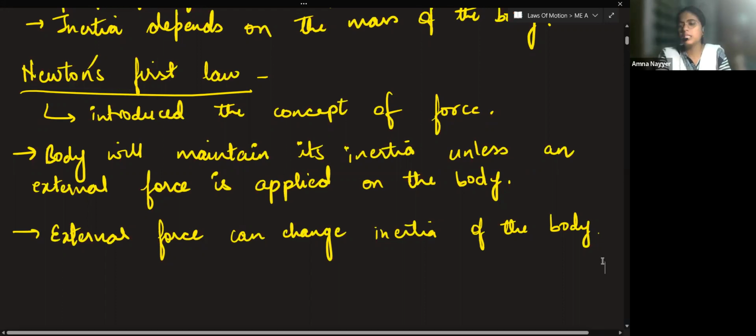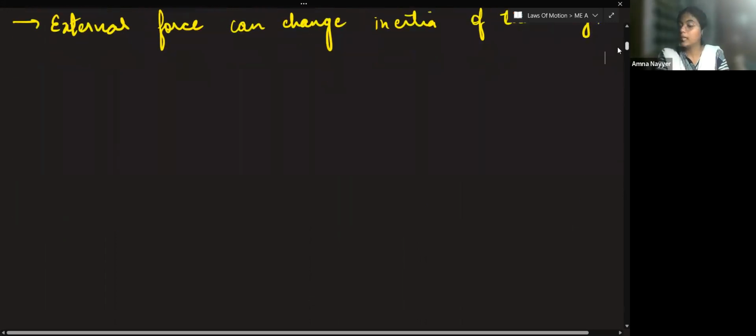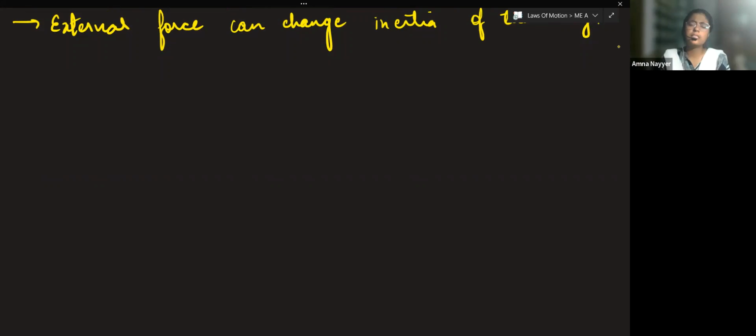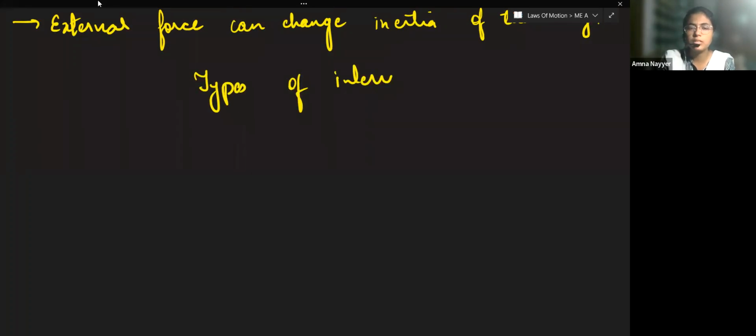So inertia is also not of a single type. You can categorize inertia into three major types, which you have to understand and remember. These are easy to remember because they are based on name. So, types of inertia.